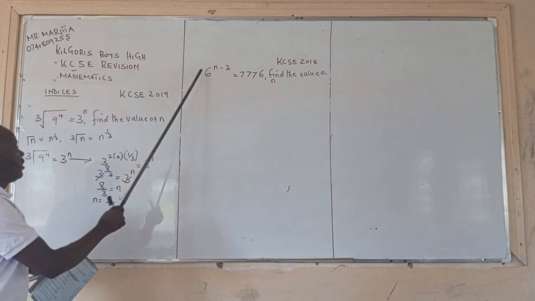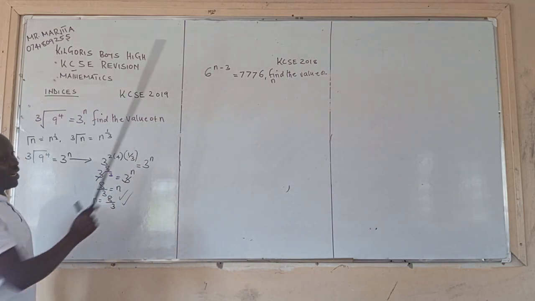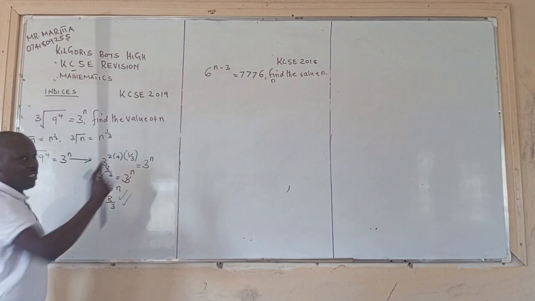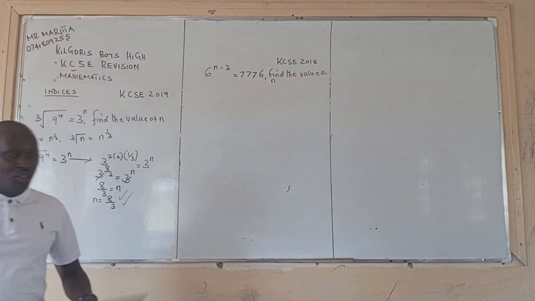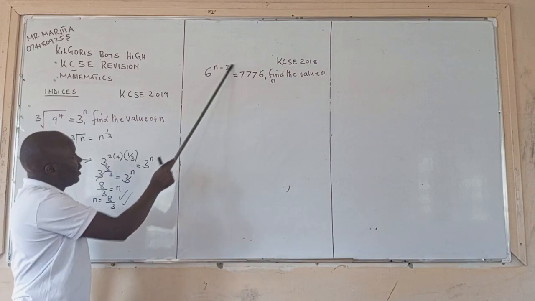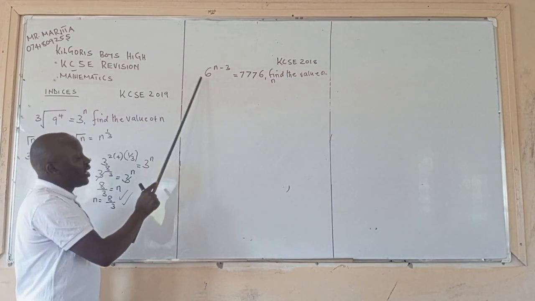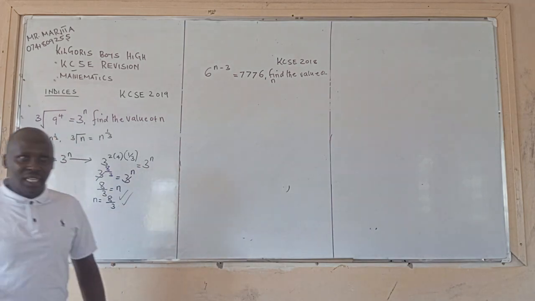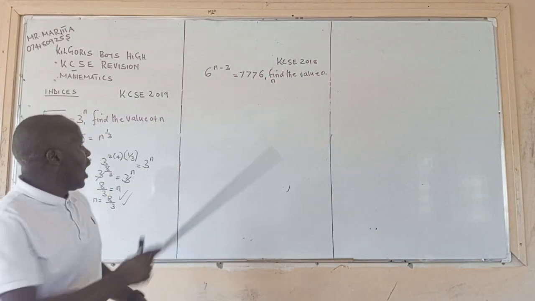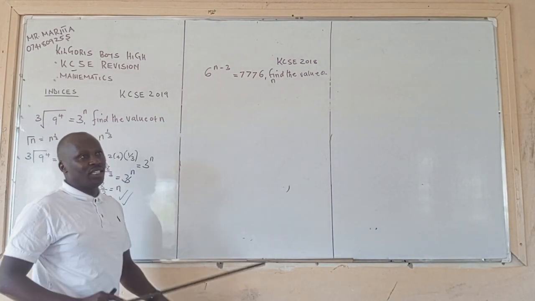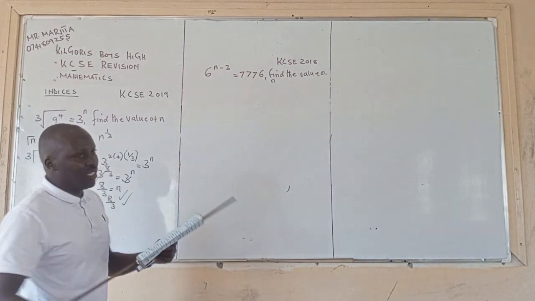So we have 6 raised to n minus 3, which is equal to 7,776. The first thing you need to do here is express 7,776 as a base of 6. How many times will you raise 6 to have 7,776?